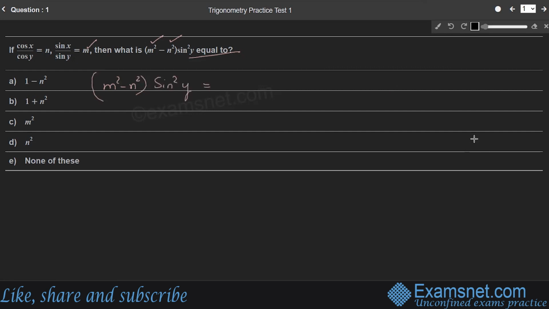Here m is sin x by sin y, so m square becomes sin square x by sin square y, minus n square, which is cos square x by cos square y, into sin square y. Let us take the LCM, which is sin square y into cos square y.